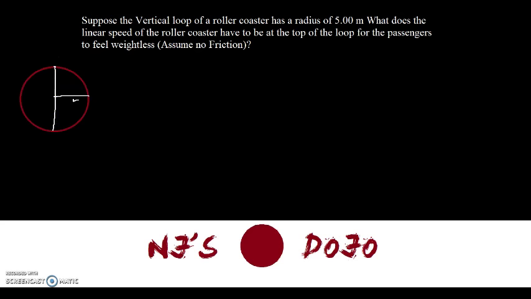Okay, so when the person is on top, the free body diagram of the person would be that the force of gravity would be acting upon here, and of course there will be a normal force acting upon the same object.